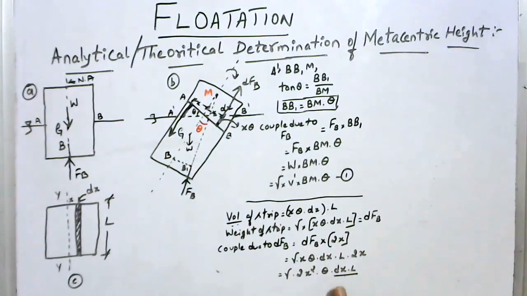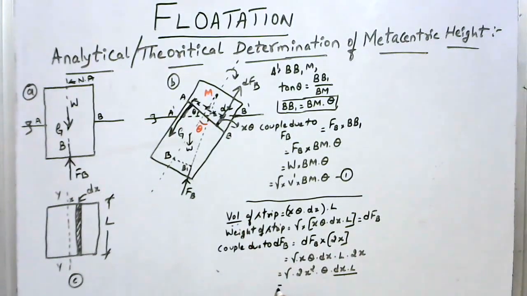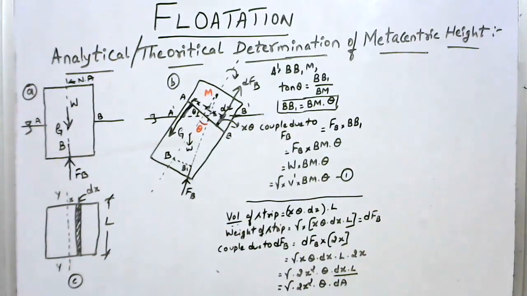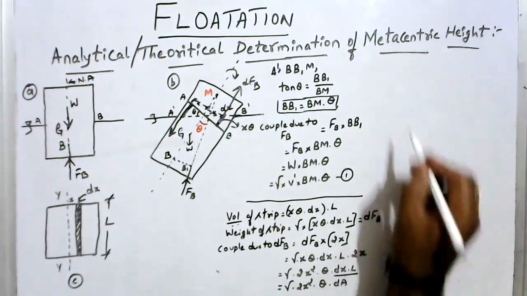So I'll denote this as dA. Therefore, this couple works out to be gamma into 2x square into theta into dA, where dA represents the area of the body at the liquid surface, which is dx into L. This is the couple formed due to dFB.